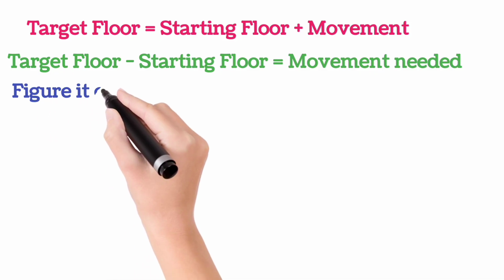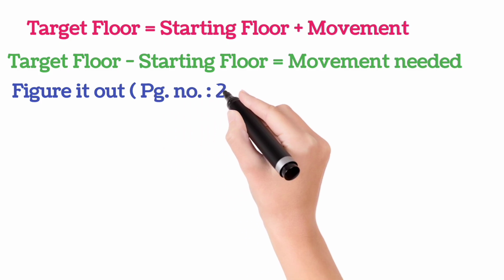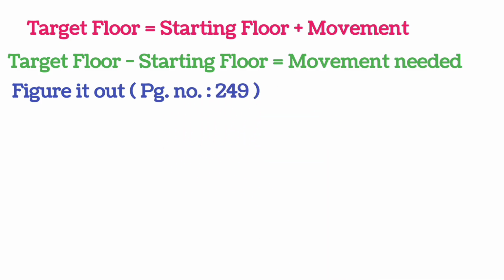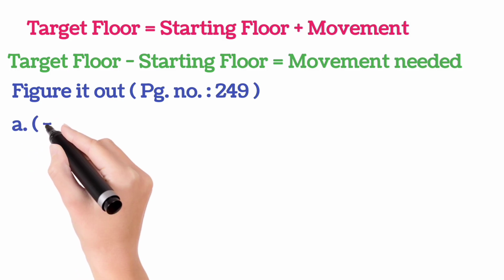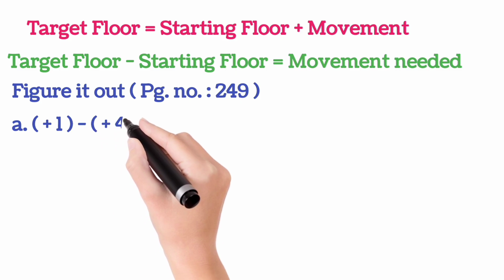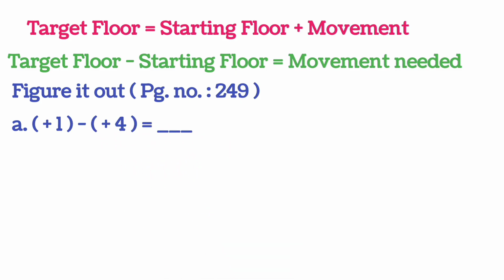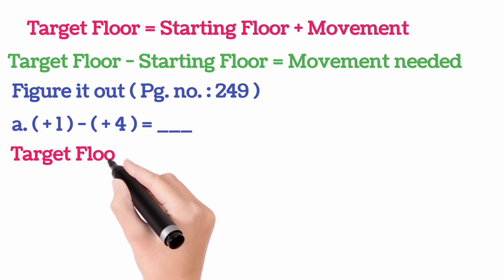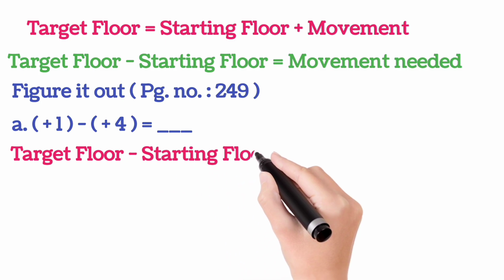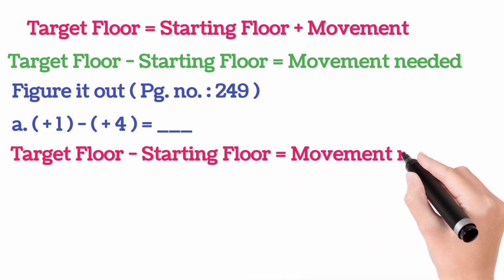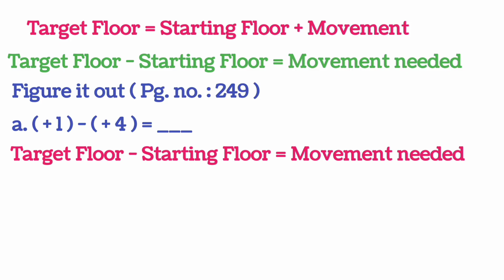So let us start. It is Figure it Out, page number 249. Let us start sum number A: plus 1 minus plus 4 equals dash, meaning movement needed. Your target floor is first floor and at present you are on the fourth floor. So which button will you press? First write this: target floor minus starting floor equals movement needed.